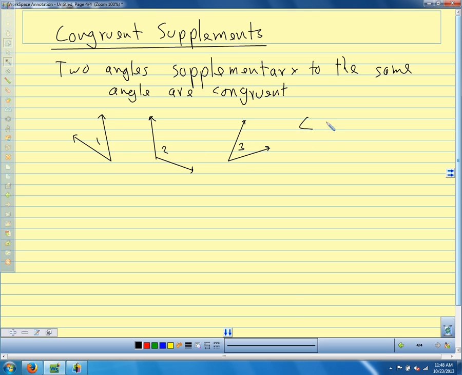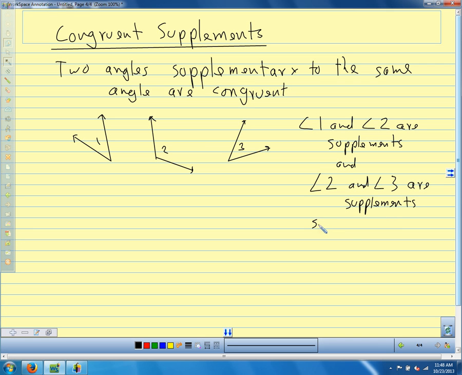We're saying angle 1 and angle 2 are supplements. And angle 2 and angle 3 are supplements also. So angle 1 is congruent to angle 3.